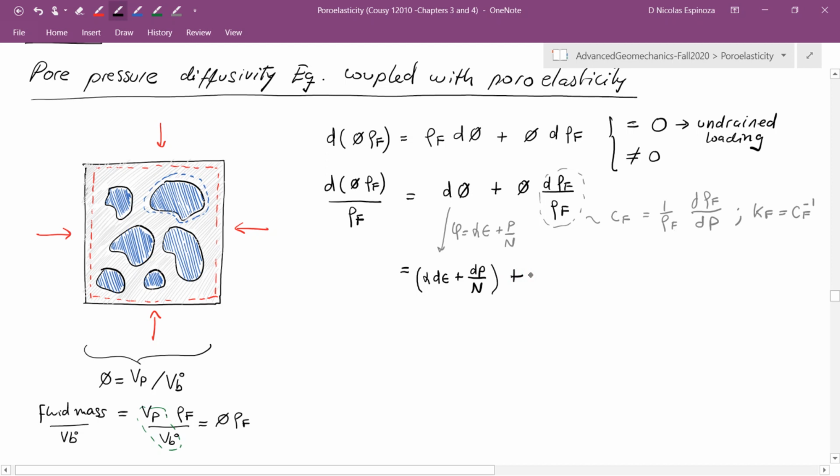The second part of the equation is going to be porosity, which stays there, times the change of pressure divided by the bulk modulus of the fluid.